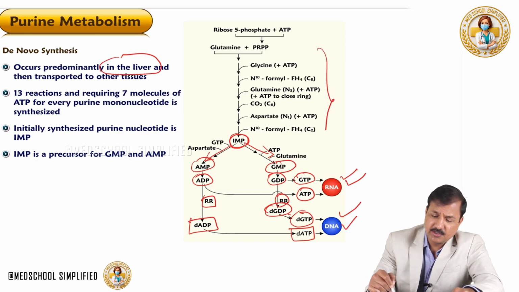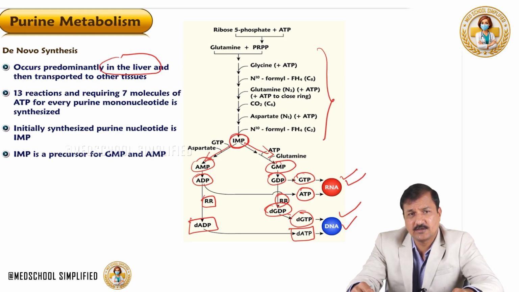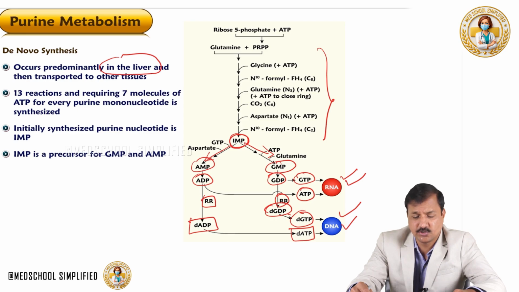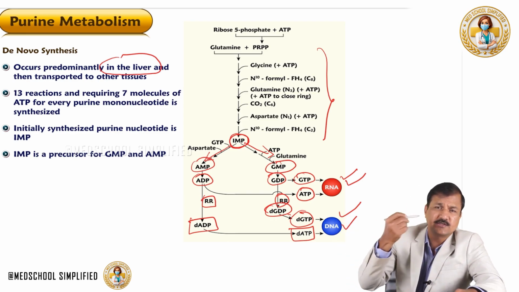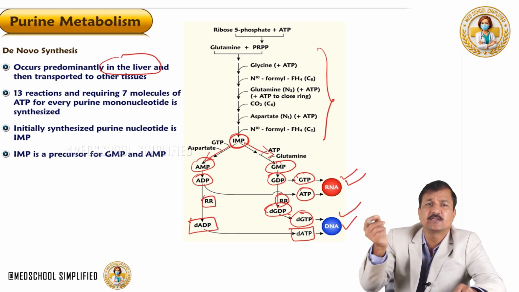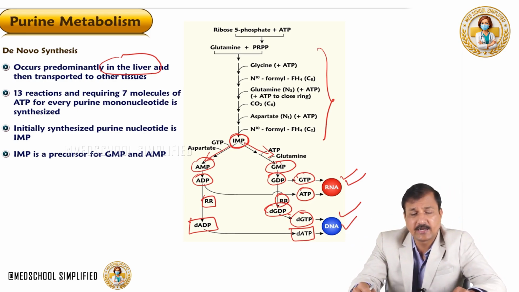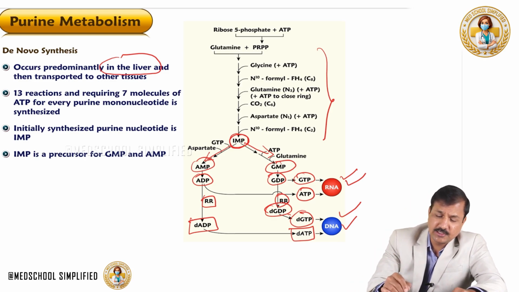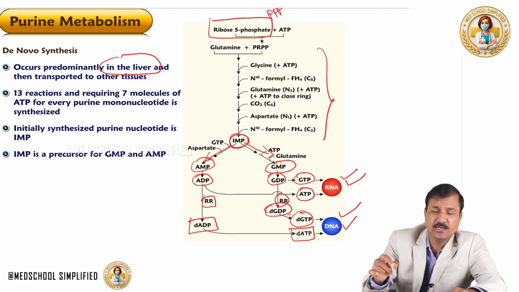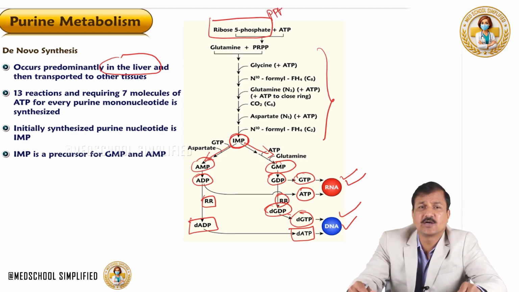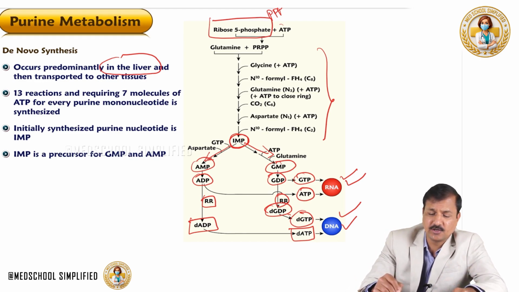All the donors that are participating in de novo biosynthesis of purine nucleotides are shown in this particular figure. Sequentially they are getting into the reaction and they are going to donate each of their atoms to build a purine nucleotide. Remember that. Also note that ribose-5-phosphate, which is coming from the pentose phosphate pathway, is the one that initiates purine nucleotide biosynthesis, because ribose-5-phosphate is going to condense with ATP to make PRPP.